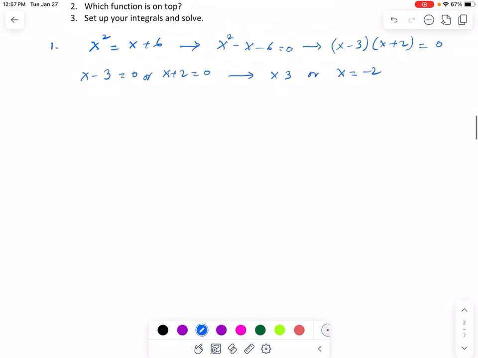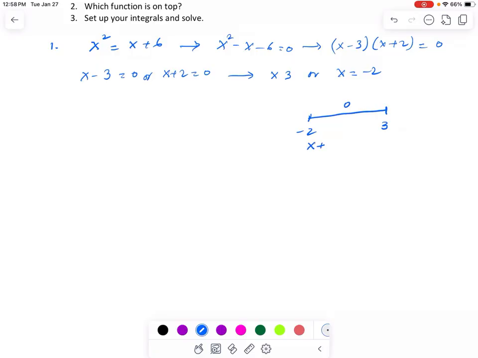So now we have to figure out which curve is above and which curve is below. There is a smart method for this. Draw your interval. This is -2, this is 3. Take a test point in between, for example, 0. What is x plus 6 at 0?